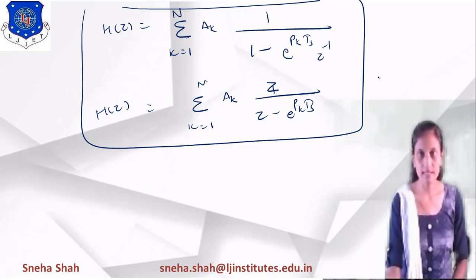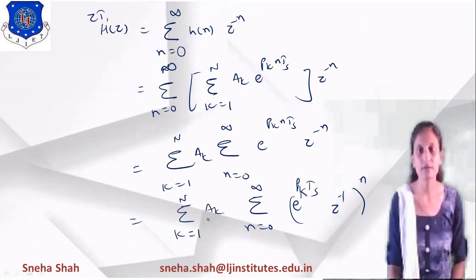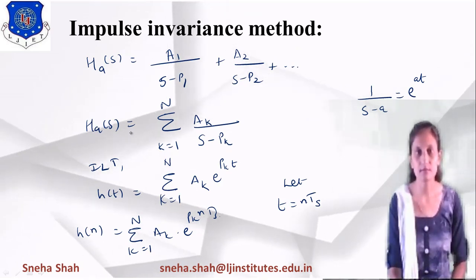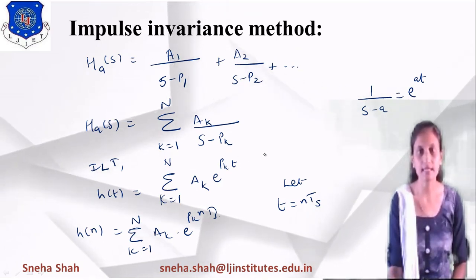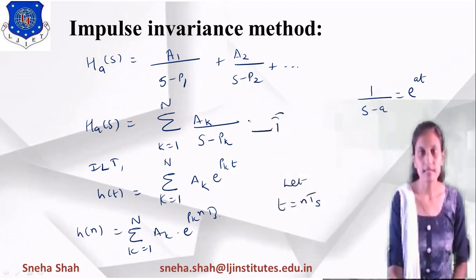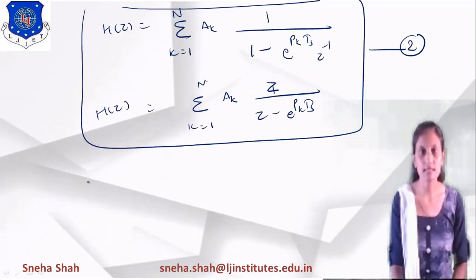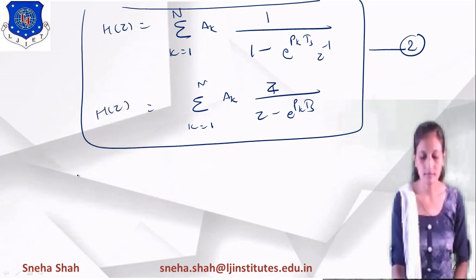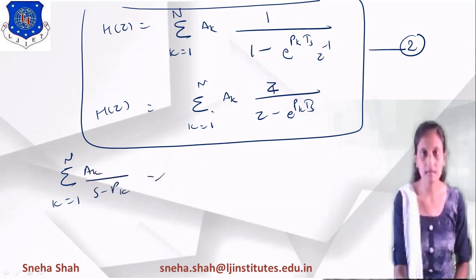Now we consider this term as equation number 2, and we had derived equation number 1 like this. This one is equation number 1, right? Because it is represented in analog form. So if we equate this equation with equation number 2, then what will the equation be? The equation will be summation k equals 1 to n ak upon s minus pk equals this equation.